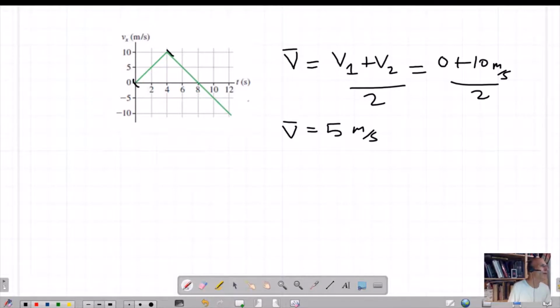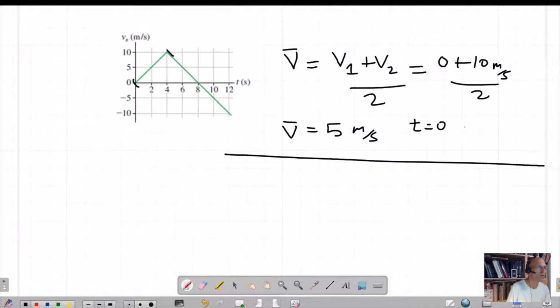However, if we try to do the same calculation, this was, remember, from t equals 0 until t equals 4 seconds. Suppose we try to do the same calculation for t equals 0 up until t equals 8 seconds.